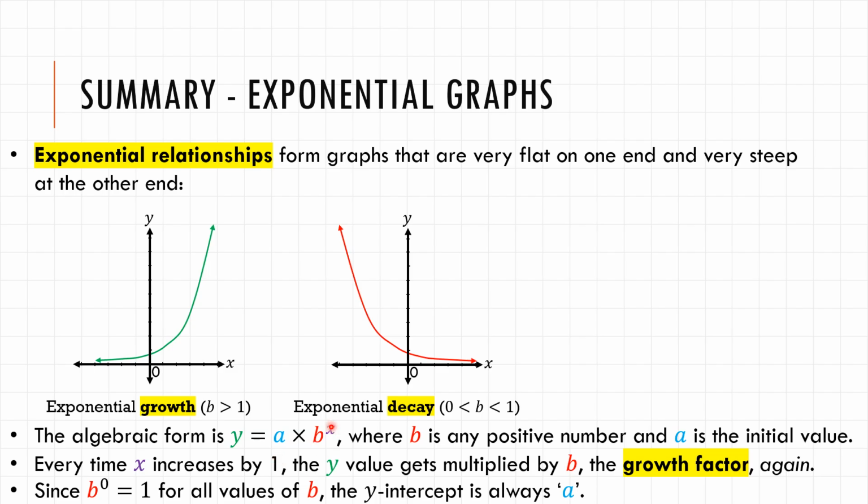So if x is 0, then b to the power of x will be 1, and a times 1 will just be a. So when x is 0, that happens right here at the y-axis. When x is 0, the y value will always be a. So that is always going to be your y-intercept.